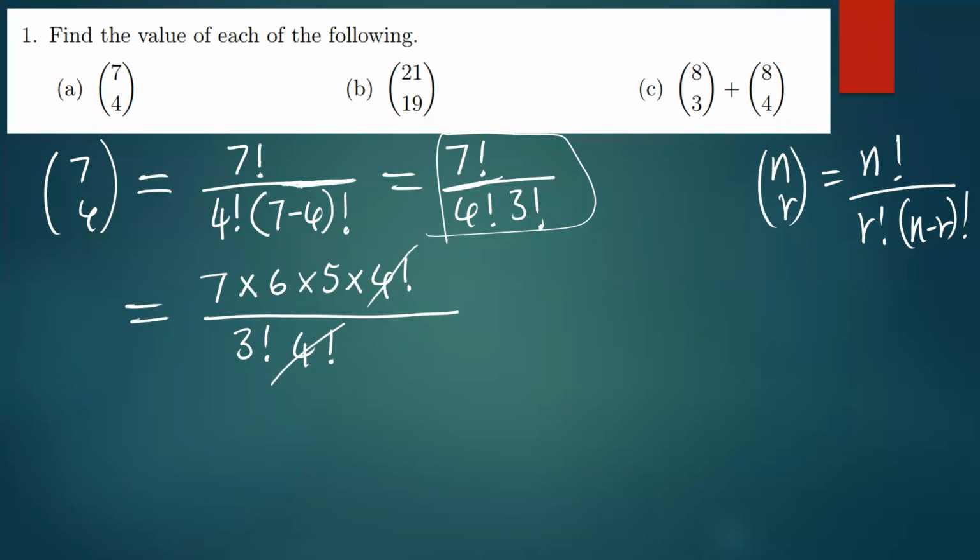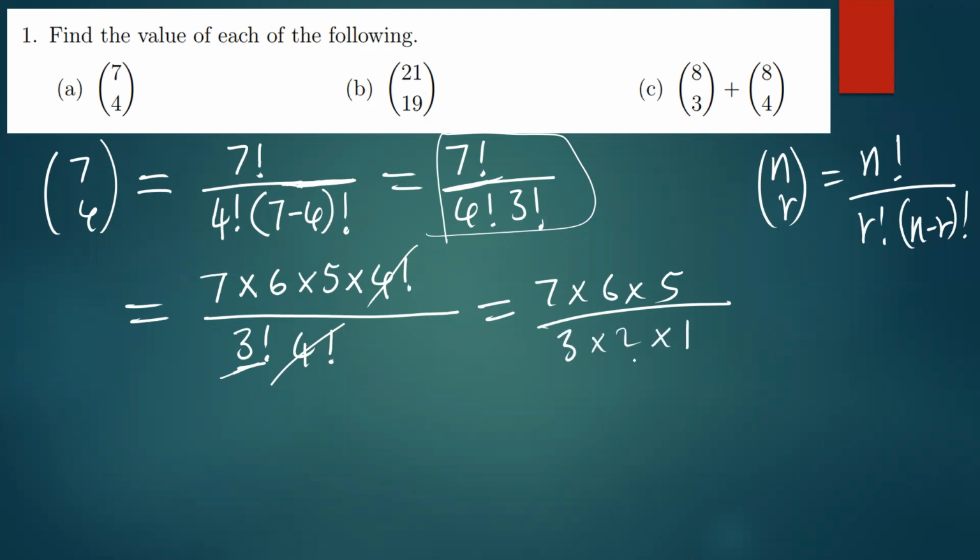If I wanted, I would have ended at 3 factorial. It's still fine. So from there, I can write the remaining figures on top. We have 7 times 6 times 5, everything divided by 3 factorial there, which is the only remaining figure there, and can also be written as 3 times 2 times 1.